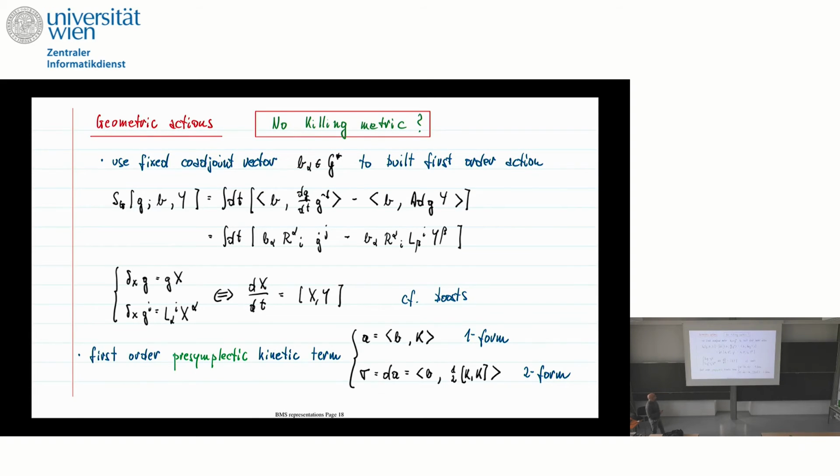So you take a fixed coadjoint vector and you still use the right invariant Maurer-Cartan form. Now you have an external fixed vector and a group element, and by construction, this thing is first order, but it has the global symmetry that you want.